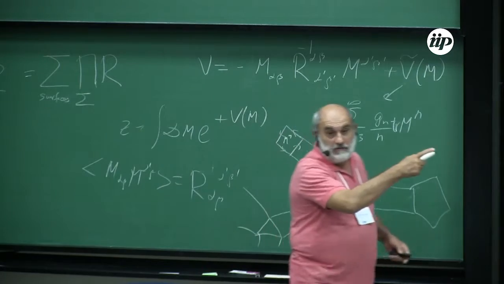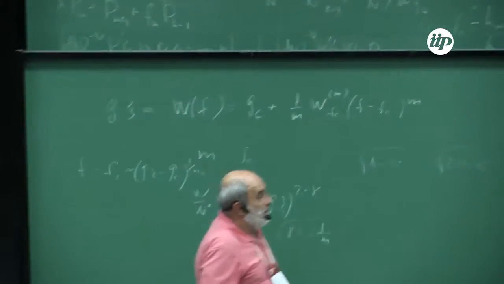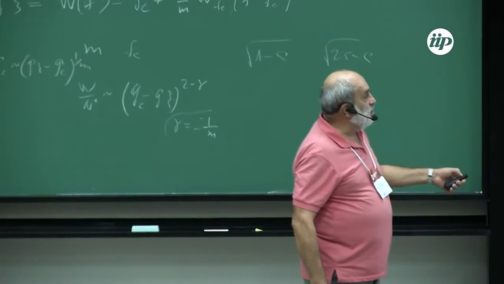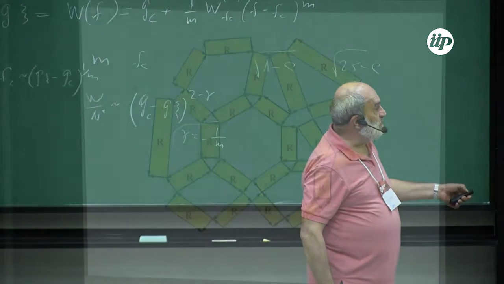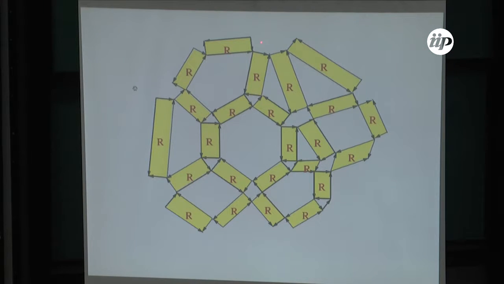I will get this picture where you see those are the vertices. For example, these small ones, this one. Different vertices are connected with propagators, which are marked here as R. And you have this type of Feynman diagram for this theory.